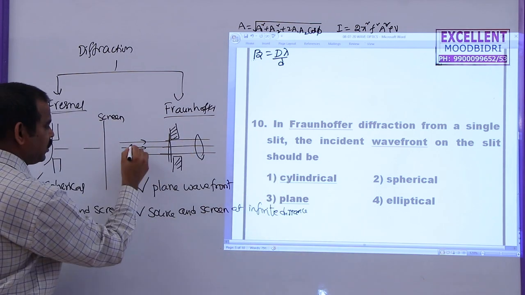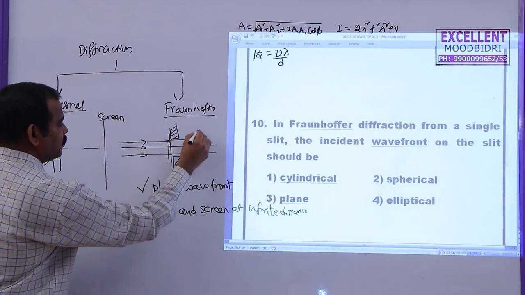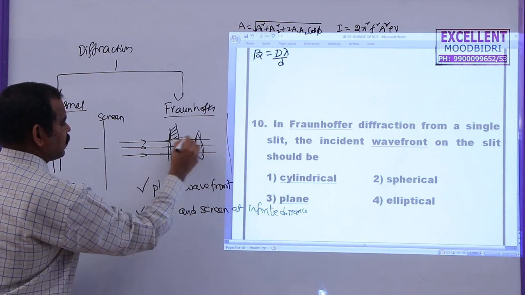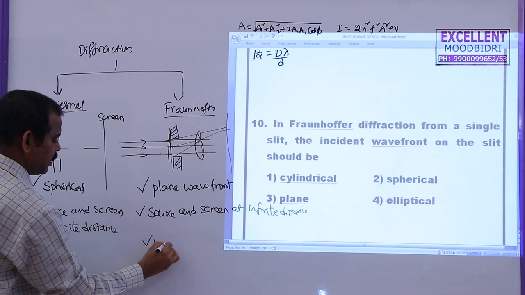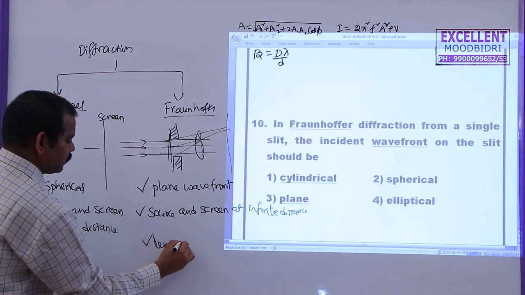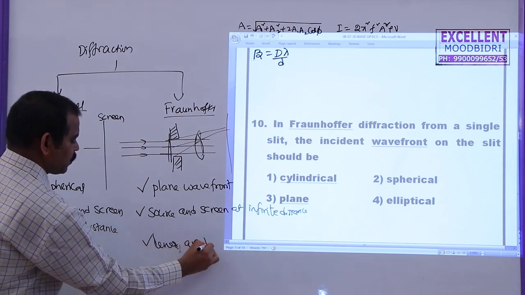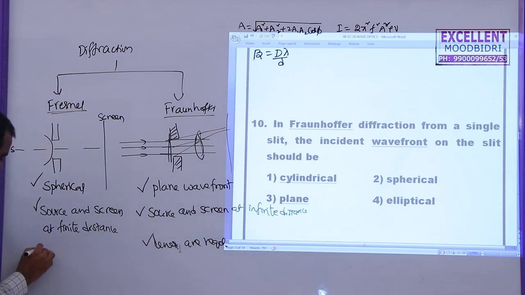Here lenses are required to observe this pattern, but in Fresnel diffraction lenses are not required.